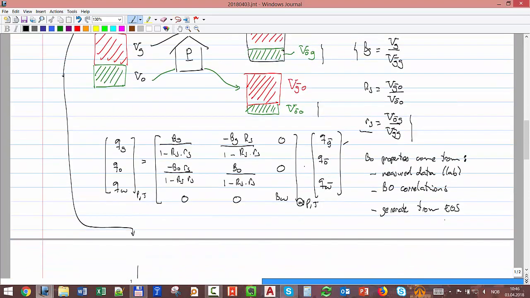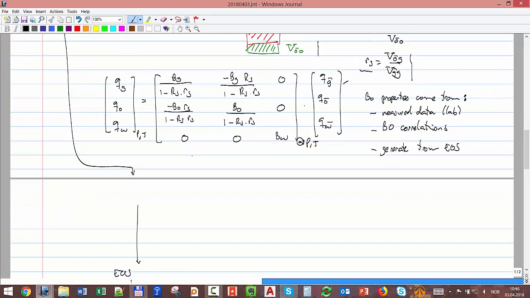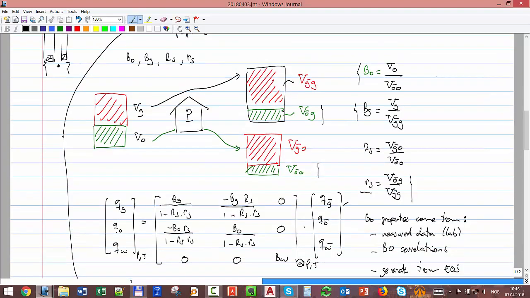For black oil I also have correlations for all the other parameters. I have density of oil at pressure and temperature. I have density of gas at pressure and temperature. I have interfacial tension of oil and gas, interfacial tension of oil and water, and interfacial tension of water and gas.